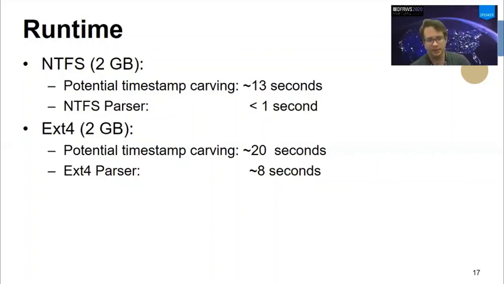I believe that as the choice of timestamp gets smaller for the potential timestamp carving algorithm, it should take more time to scan through an image. As well, the ext4 parser took about 8 seconds. This is because the ext4 parser is much more complicated than the Ntfs one. We have to do at least 2 scans through the disk image where we're doing a lot of operations and trying to make these guesses for the file name and inode number pairs for attributing them to the inodes.